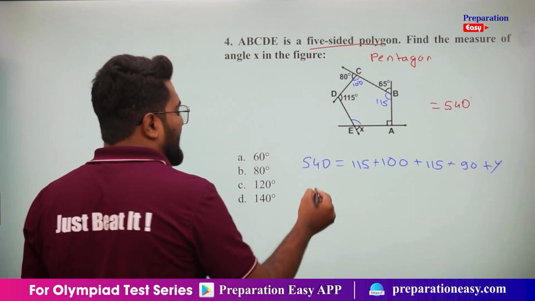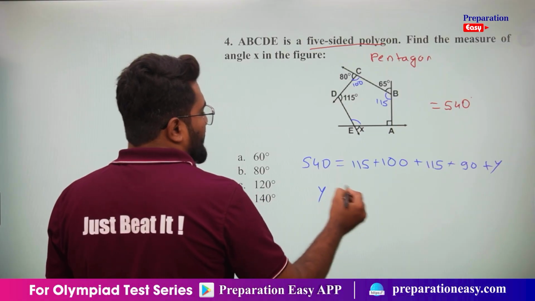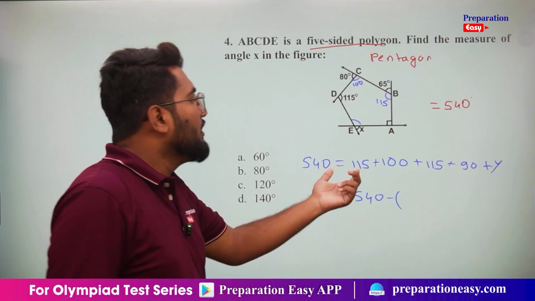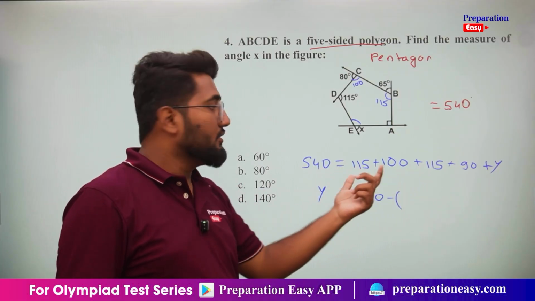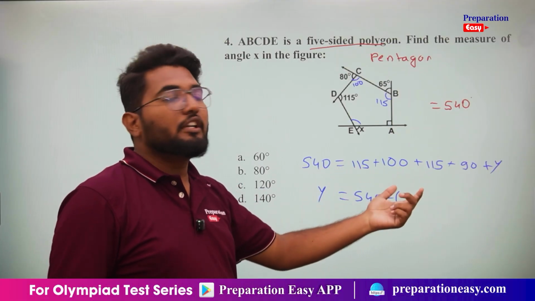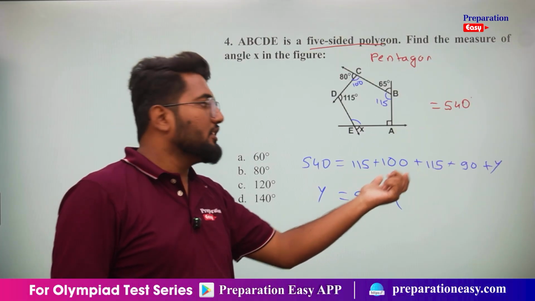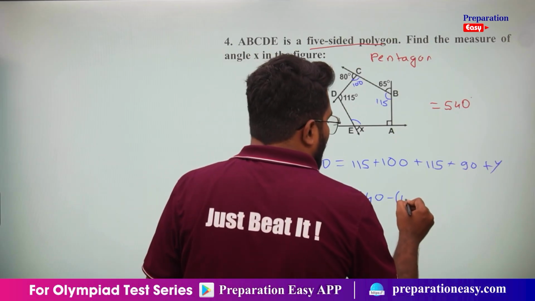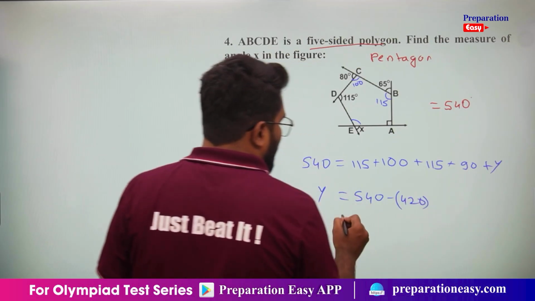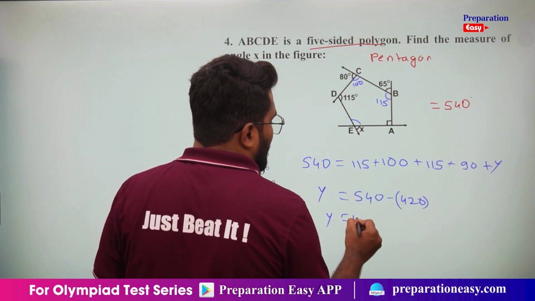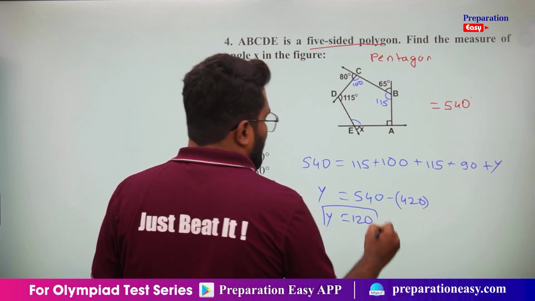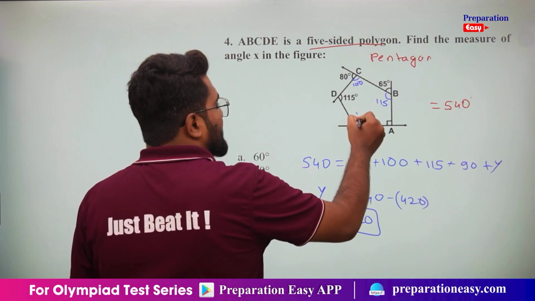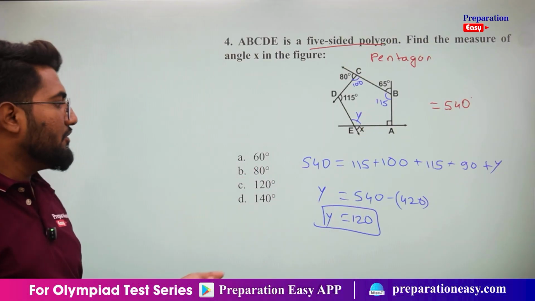We have to find the value of y. 540 minus: 115 plus 115 is 230, 230 plus 100 is 330, 330 plus 90 is 420. So y becomes 120.